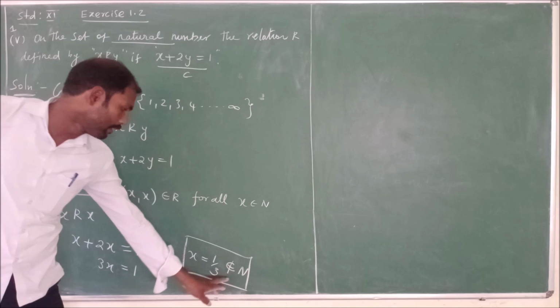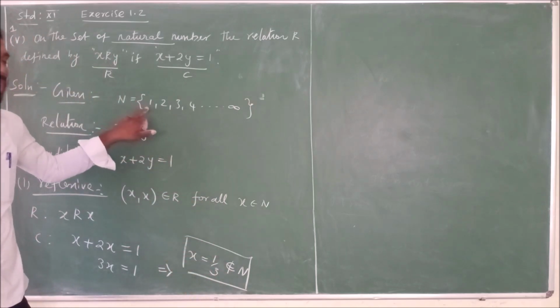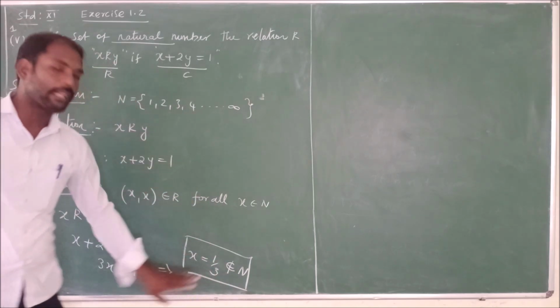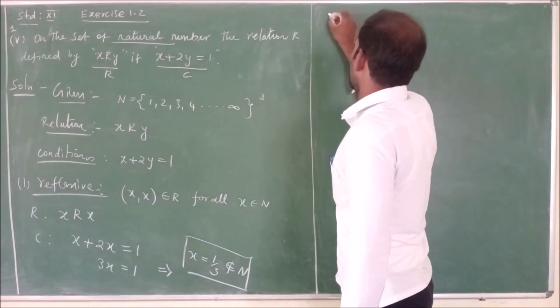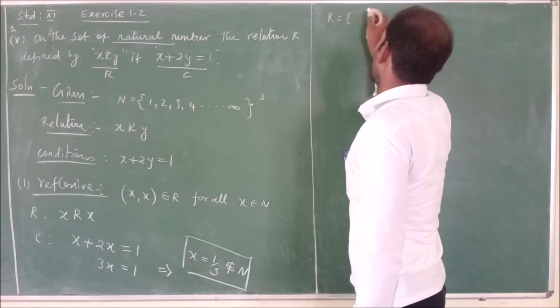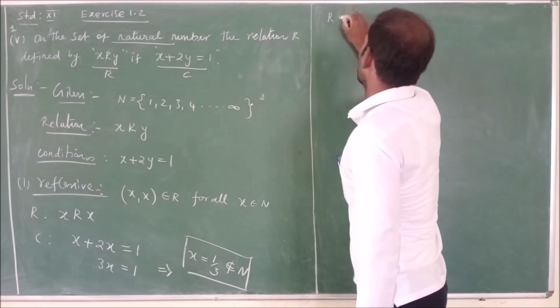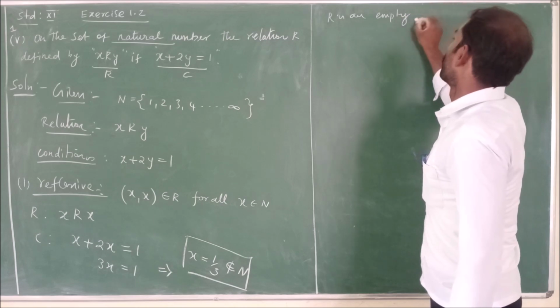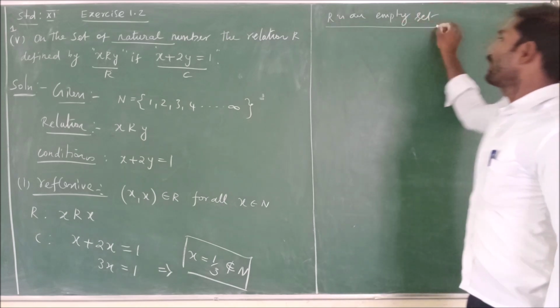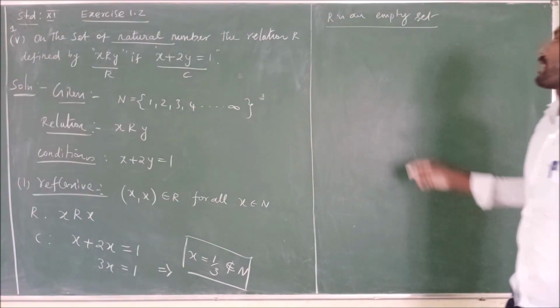It means that the set of all natural numbers starts with 1, 2, 3, not a fractional number. So my relation R is an empty set.